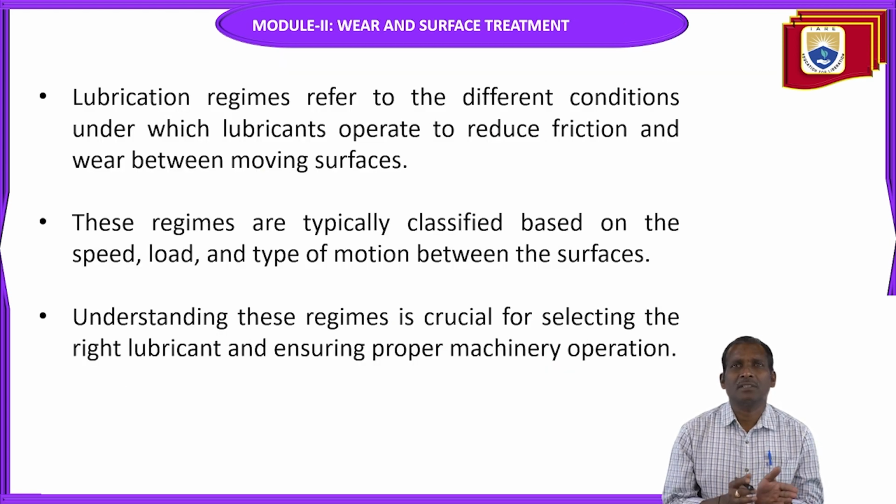The lubrication regimes refer to the different conditions under which lubricant operates to reduce friction and wear between moving surfaces. It mainly focuses on the different conditions under which lubricant operates at particular moving surfaces to reduce friction.